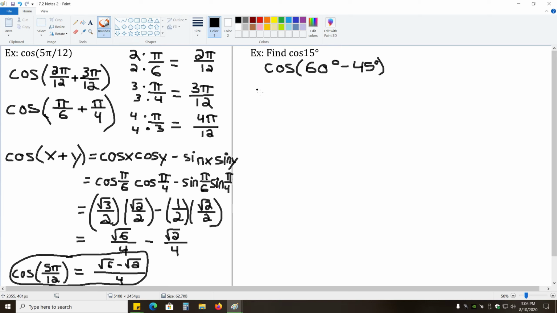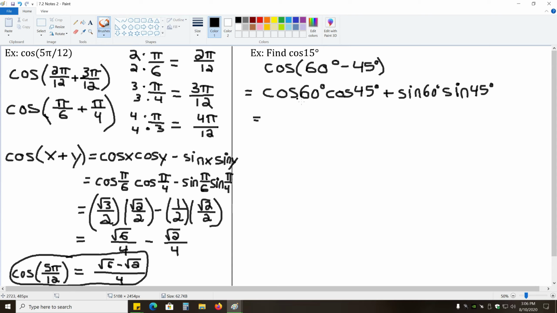So, going through this, for our formula when we are subtracting with cosine, we have cosine of the first angle, 60 degrees, times cosine of the second angle, 45 degrees, plus sine of the first angle, 60 degrees, times sine of the second angle, 45 degrees.